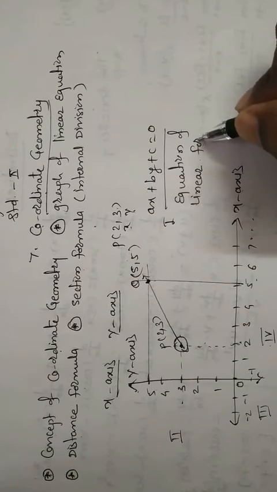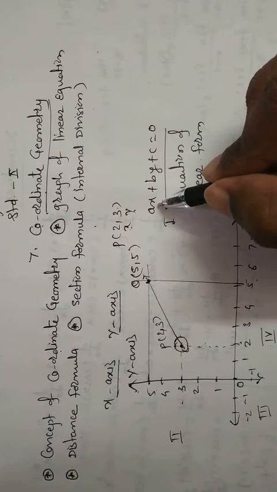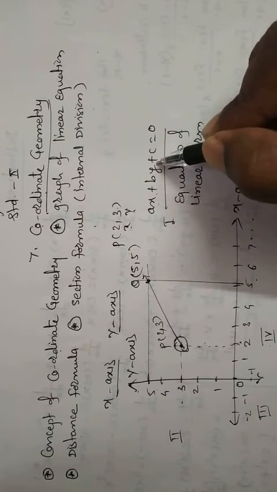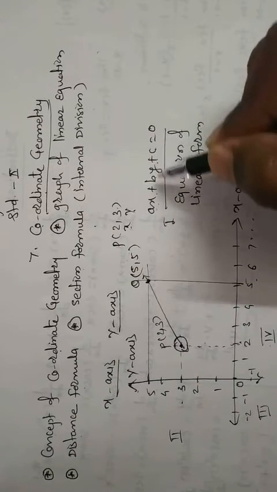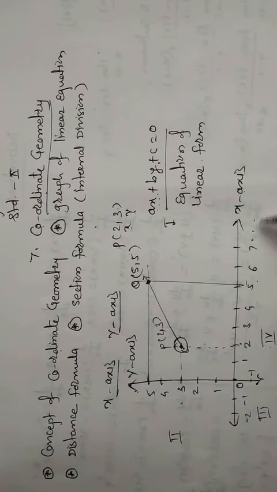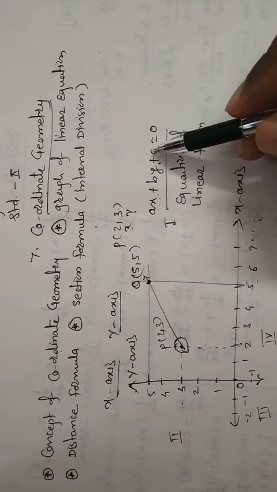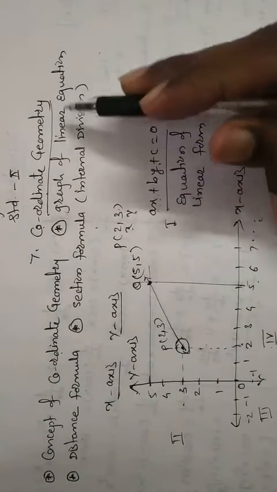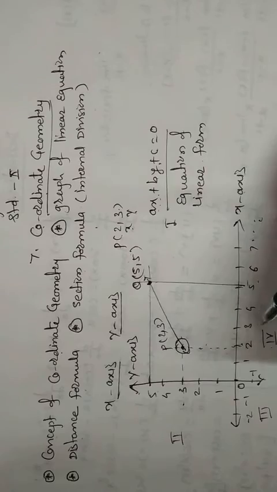Linear form. So check it. A of x, B of y. A, B, C are the constants and x, y are the variables. We can draw on the graph point, and A, B, C are all constants. So you can draw every linear equation, every line on the graph.